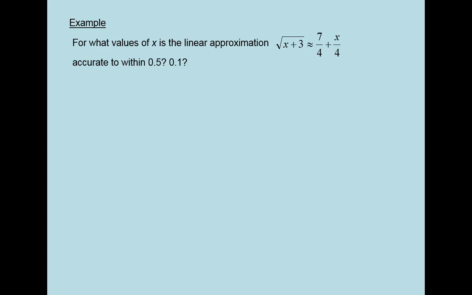But how could we determine the values of x that would give us an accuracy within 0.5? Well, thinking about this problem, if we have the square root of x plus 3, we want to know when the difference between our linearization and the actual answer is within 0.5.